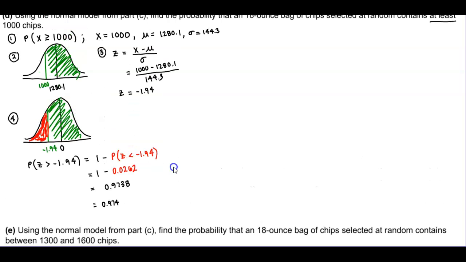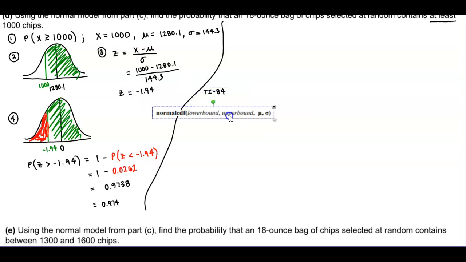Okay, so now let's go ahead and quickly use the TI-84. How would we go about using the TI-84 calculator? So recall that the formula we have to use is normal CDF, where we have the lower bound, the upper bound, the mean, and the standard deviation.